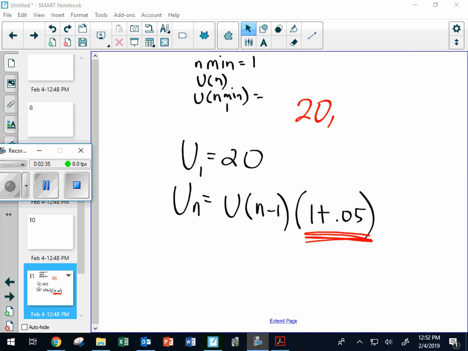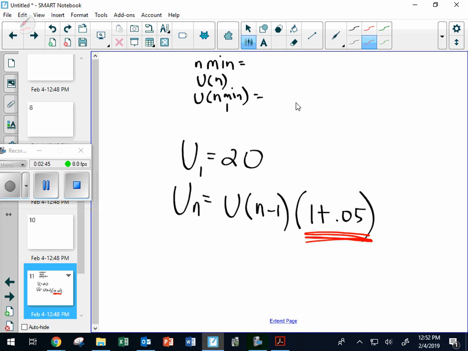All right, Mr. GL in the back of the room, what did you put on your n min line? For the n min, I put 1. Excellent. And then for the u sub n line? I'm guessing u sub n minus 1 to start with, right? Yep. And then? 1 plus. Awesome. You don't need the 0 in front of the decimal, but it's okay if you want that.